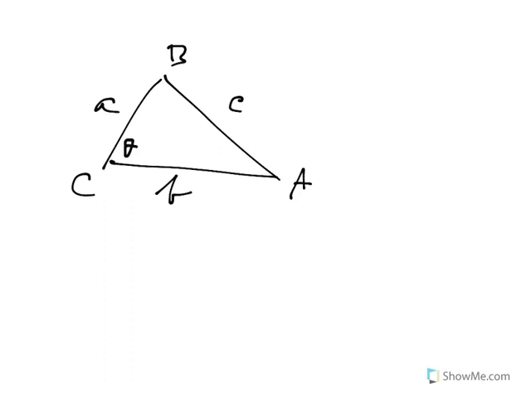So if I do the same trick, I drop this altitude here, I create this right triangle, and the sides of that right triangle, well, I can get those by working out first.